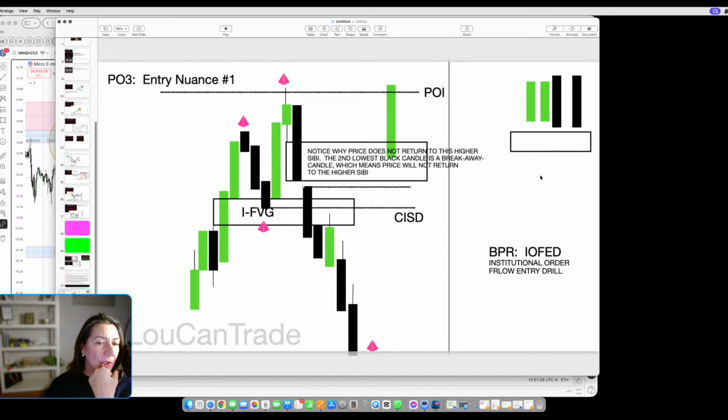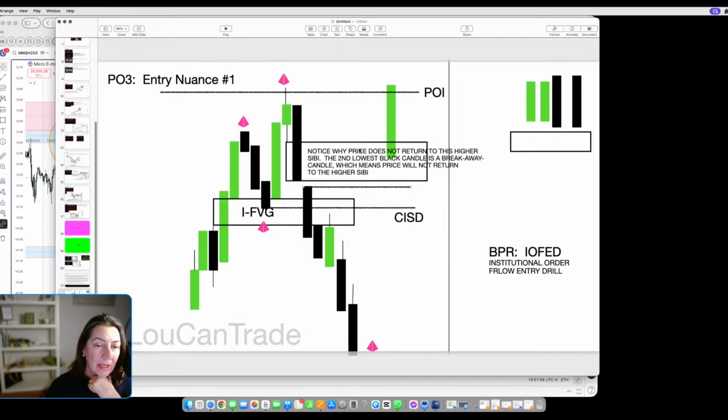So I wanted to share this with you. You can take a screenshot of this, but this is Power3 Entry Nuance number 1, and I will be building a PowerPoint with all of the entry nuances that I see that can happen, that you as a trader or potential trader can decide what kind of entry model will fit your model, okay?